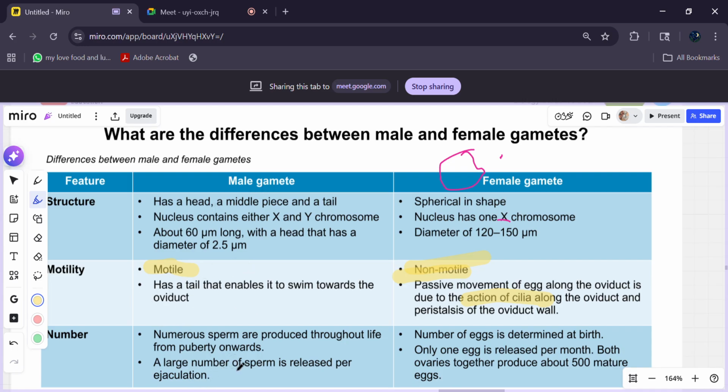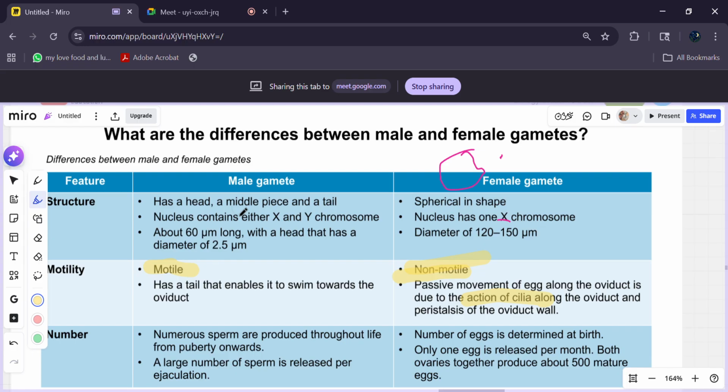And a large number of sperm is released per ejaculation. During sexual intercourse, the penis releases hundreds of millions. They produce large numbers of sperm to travel through the oviduct.